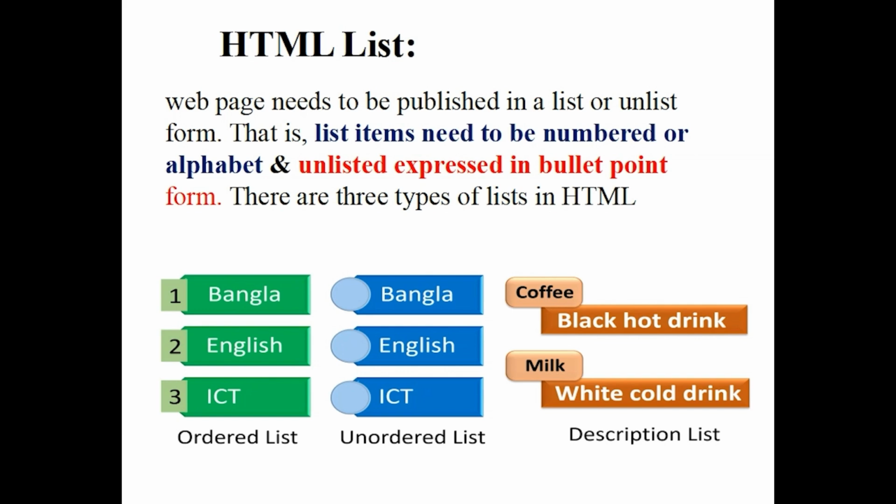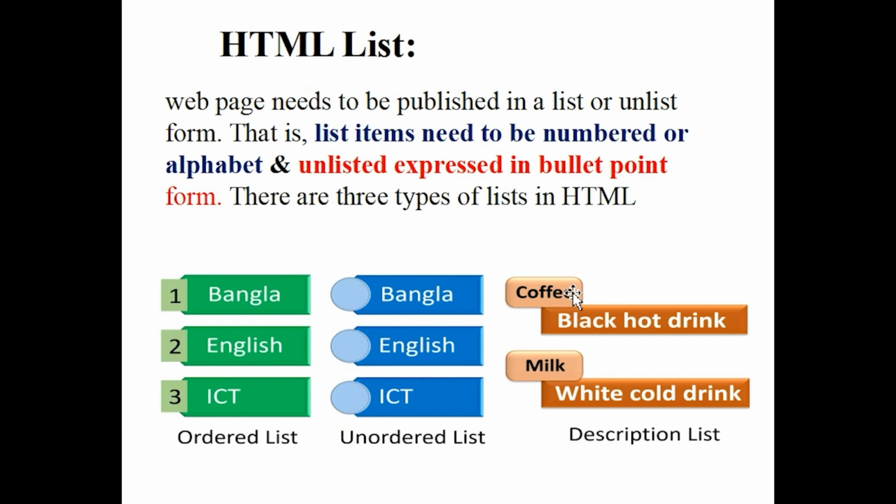The very first, the ordered list, as we have seen: Bangla, English and ICT, the three subjects are aligned and published within the ordered list. Next to Bangla, English and ICT, there is this circle or disk, so that expression is an unordered list.